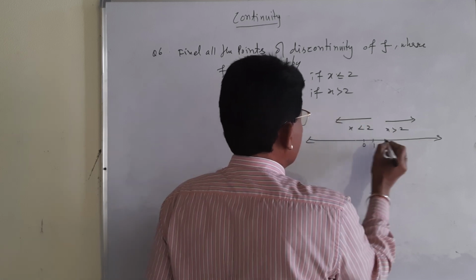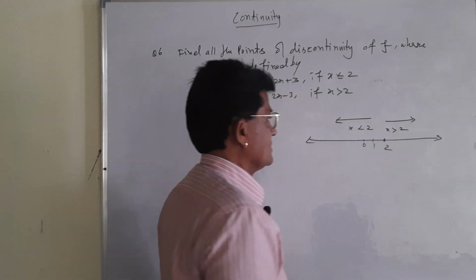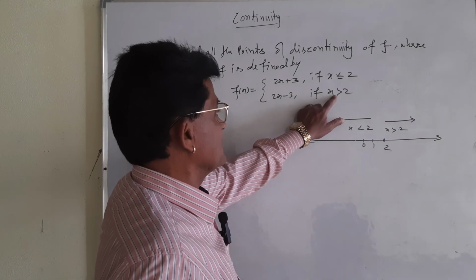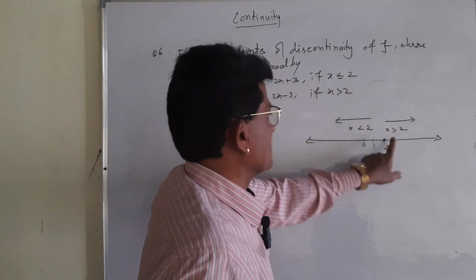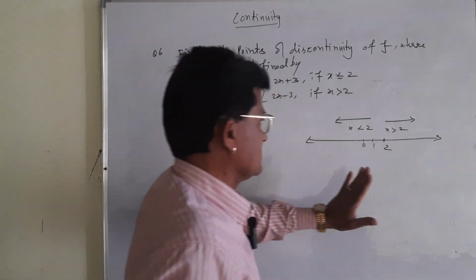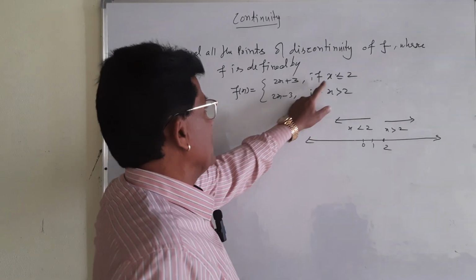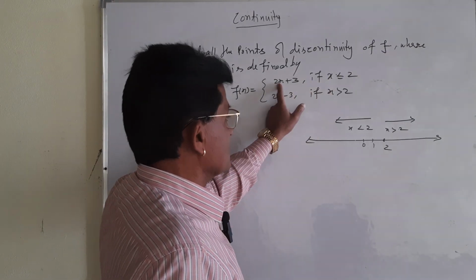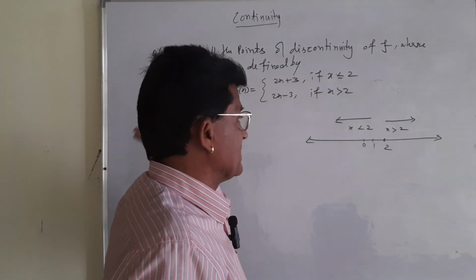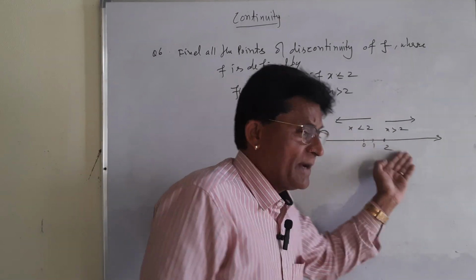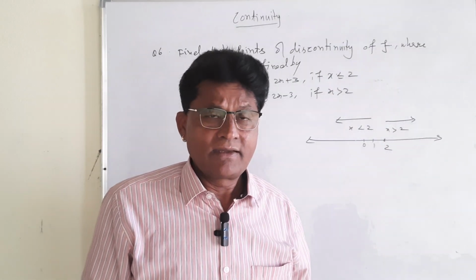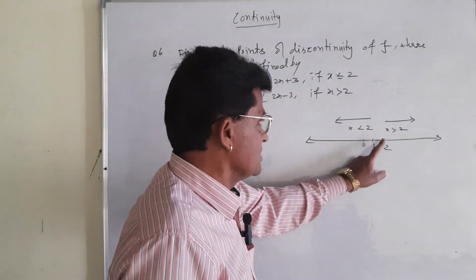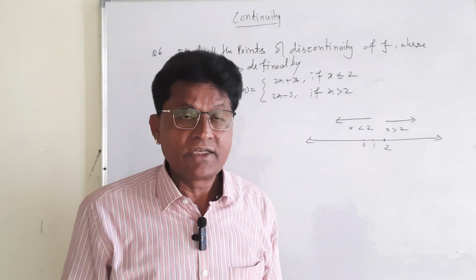But what about the point 2? For x greater than 2, it is a polynomial, so it will be continuous. For x less than 2, the function will be continuous. But what will happen at 2? Whether the function is continuous or not.